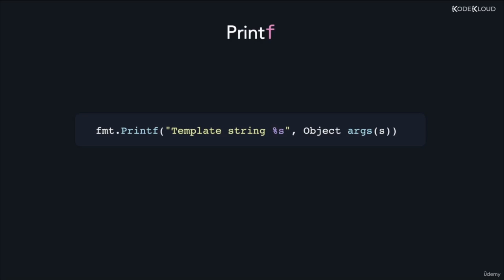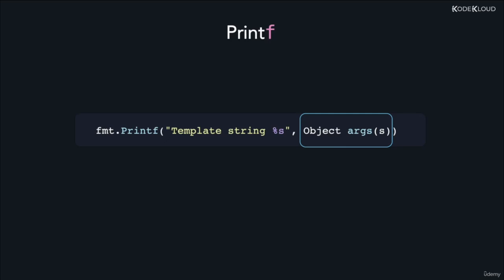In Golang, we can use the Printf function from the fmt package to achieve this. The function takes a template string that contains the text that needs to be formatted, plus some format specifiers that tell the fmt functions how to format the string, and the object arguments, which are the ones that you need to print in the output.